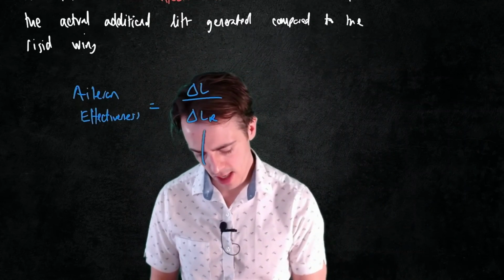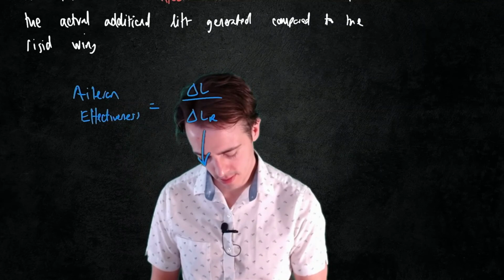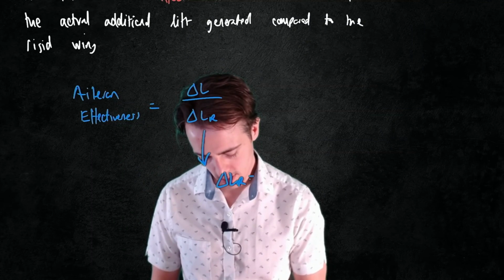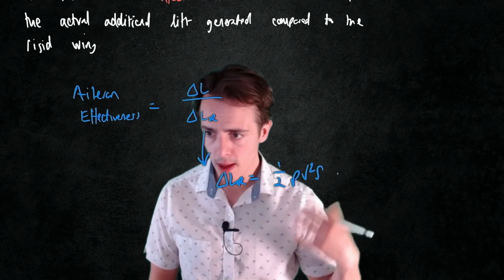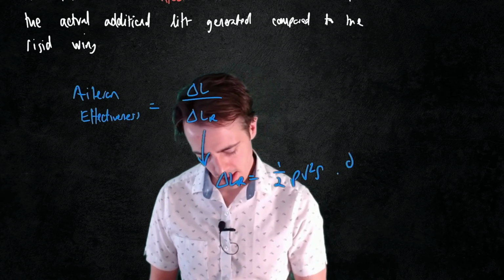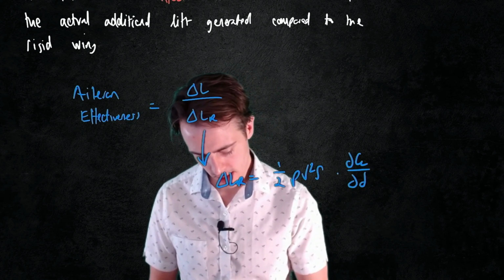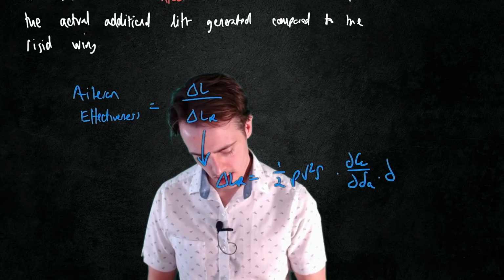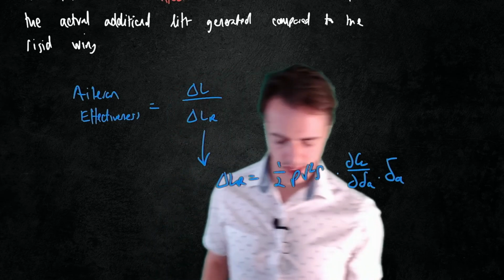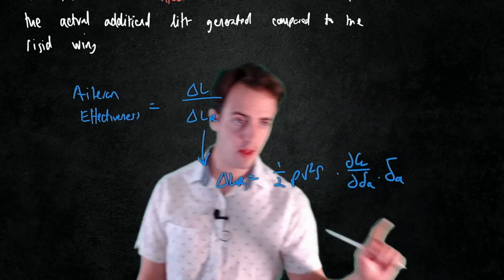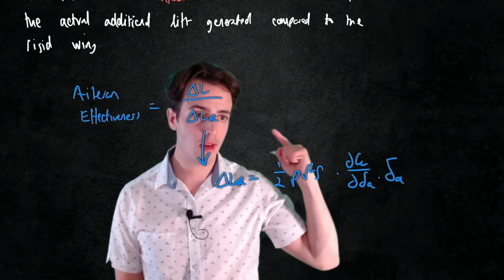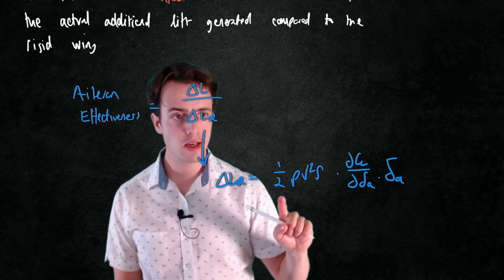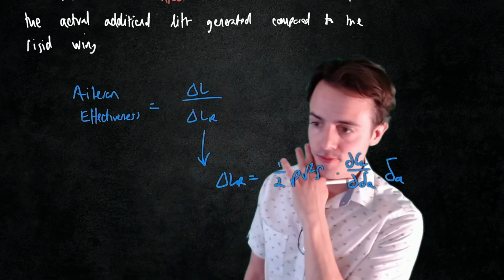And this one here is just going to be half rho V squared S multiplied by dCL d delta A multiplied by delta A. Okay, so that is just however much the lift coefficient increases because of the rate of change of the aileron multiplied by the dynamic pressure and wing area.